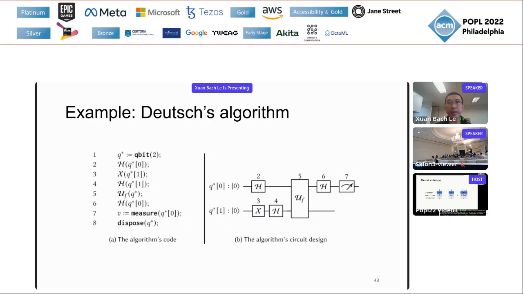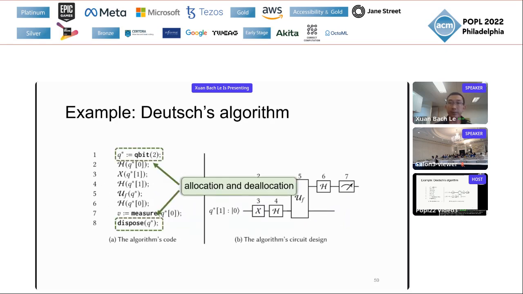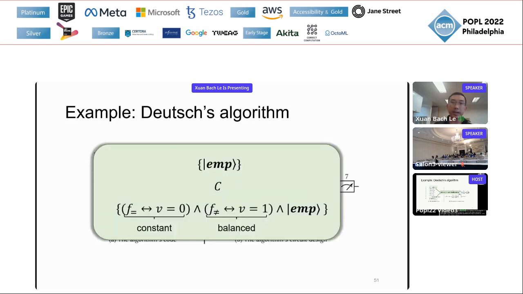So let's apply the framework to verify the algorithm from the beginning of the talk. For demonstration, I also include the statements for qubit allocation and deallocation. And here is the specification of our program. The precondition of our program is M, basically the empty heap.